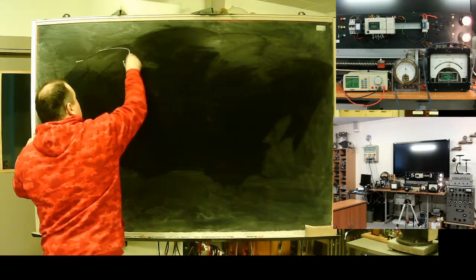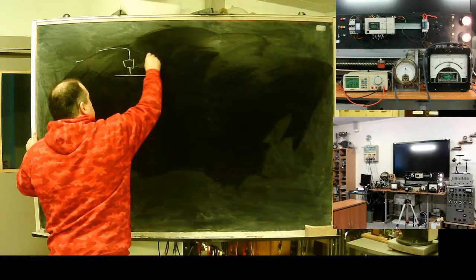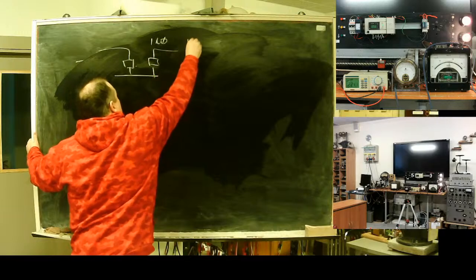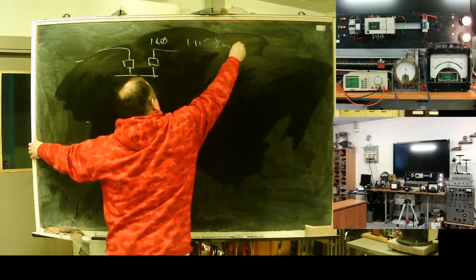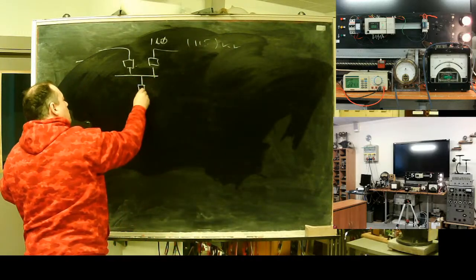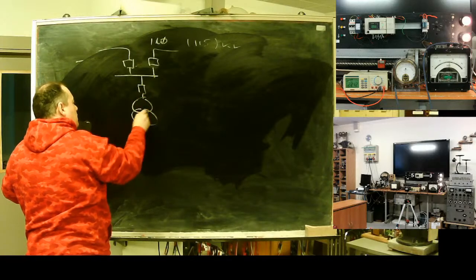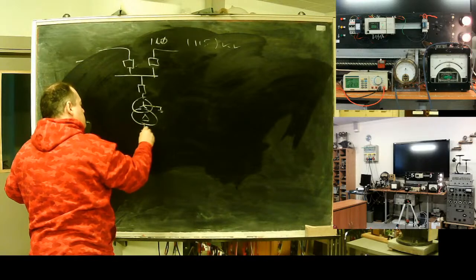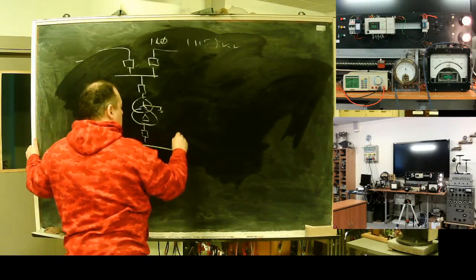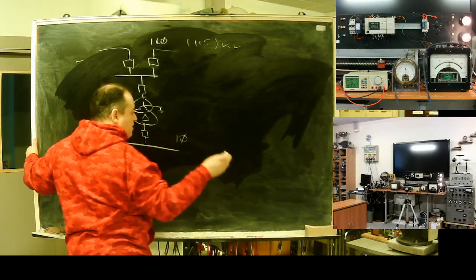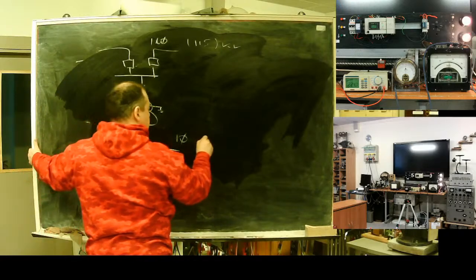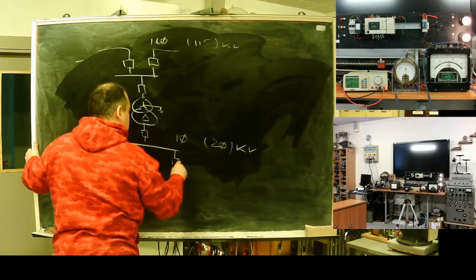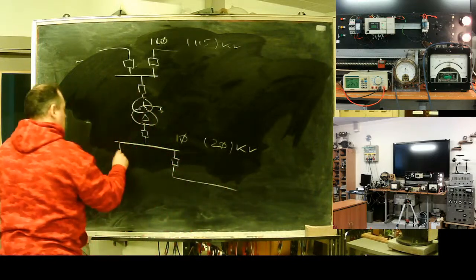Let's say I have a 110 or 115 kilovolt network, a transformer, and 10, 11, 12 kilovolt. It's a distribution network.